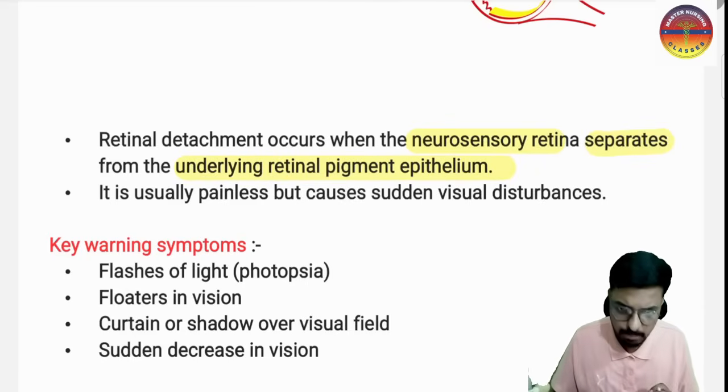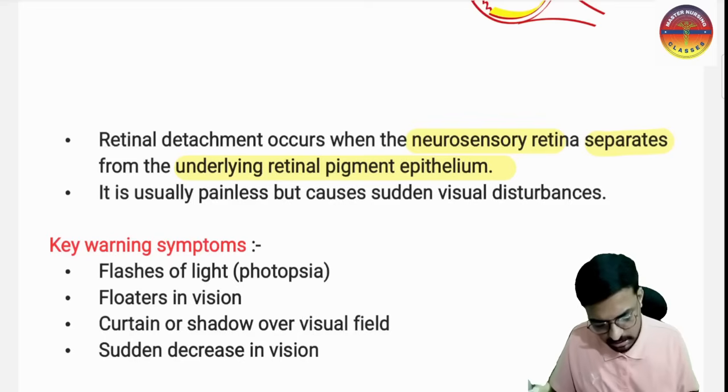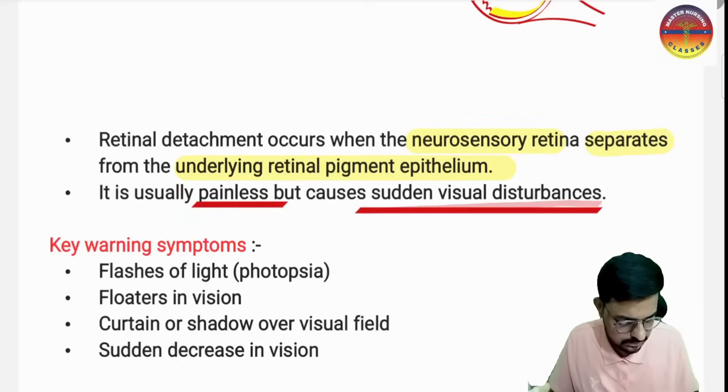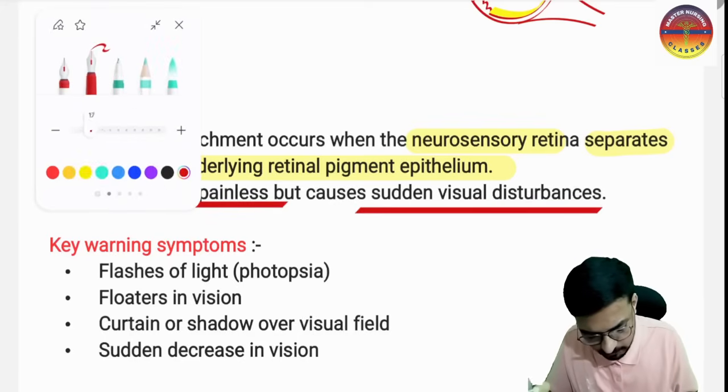In simple words, the retina is separated from the choroid. Usually the retina is attached with the choroid, now it is detached. It is usually painless but causes sudden visual disturbances. Suddenly floaters will be there.